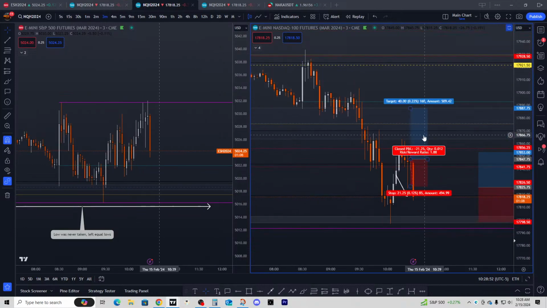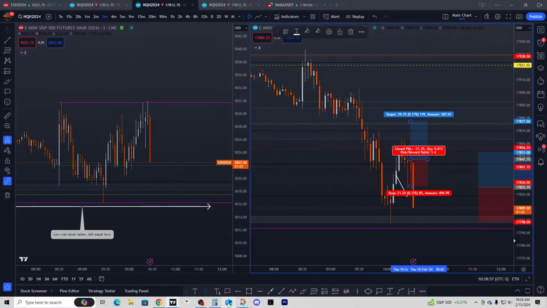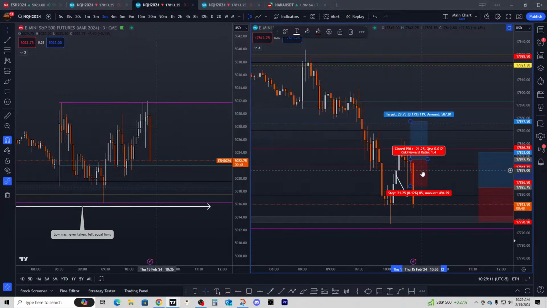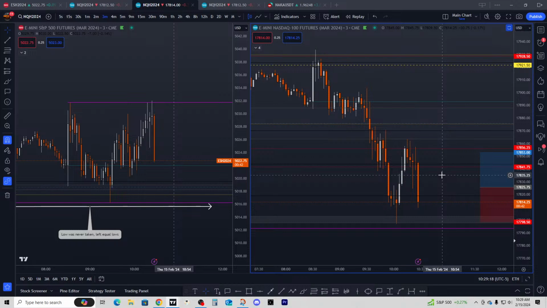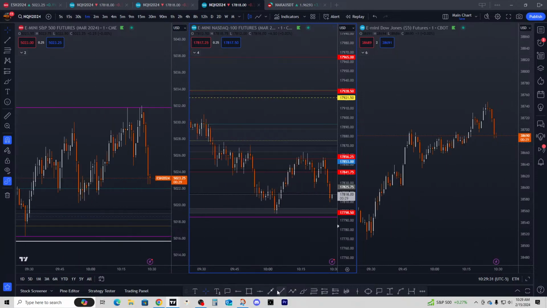So we'd have 400, and then we'd have 800. So that'd be $1,200 on that move right there. In my opinion, that's valid, if it's a good RR. If everything's valid in that trade, I'm perfectly okay with that. And I stuck to my rules because I closed it as it hit the high on ES. So valid.